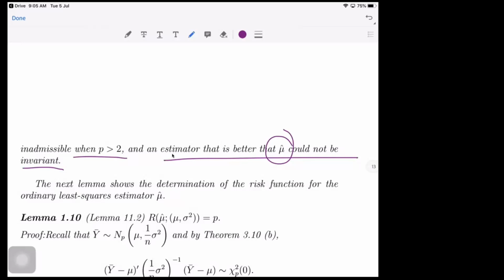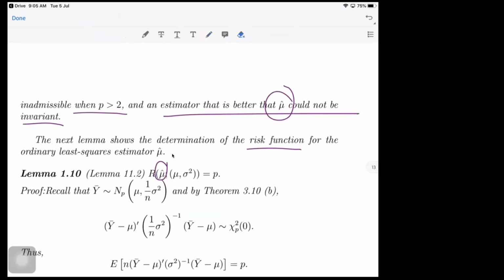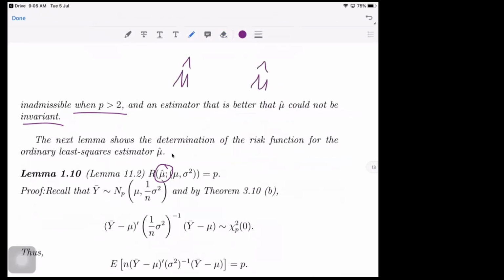So we have not yet computed what the expected loss, or the risk function, is when using mu hat. In the next lemma, we will try to prove what the associated risk is when we use mu hat. So we can only compare mu hat against the James-Stein estimator in terms of risk.